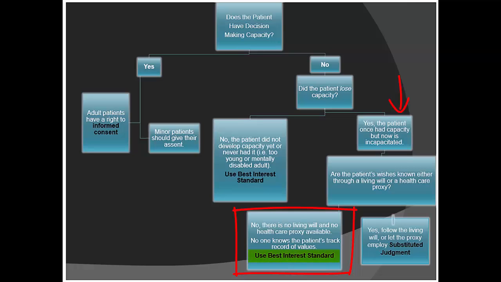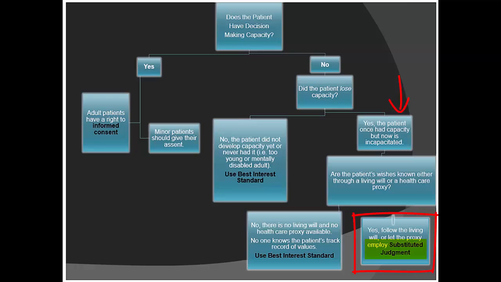So actually, there are two occasions where you may have to use a best interest standard, and they relate to the two boxes there. But more interestingly, and more commonly, if they do have somebody who can speak on behalf of the patient, then we introduce another standard for surrogate decision making called substituted judgment.